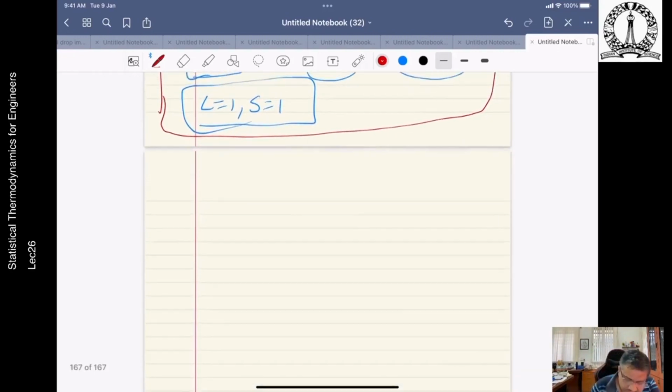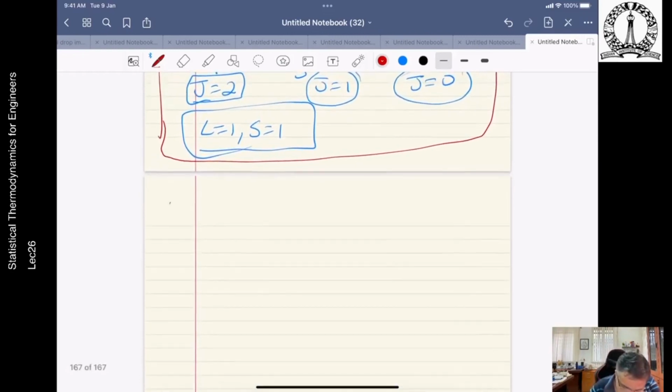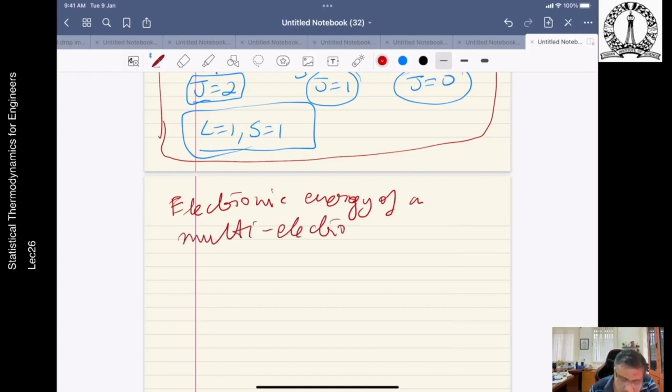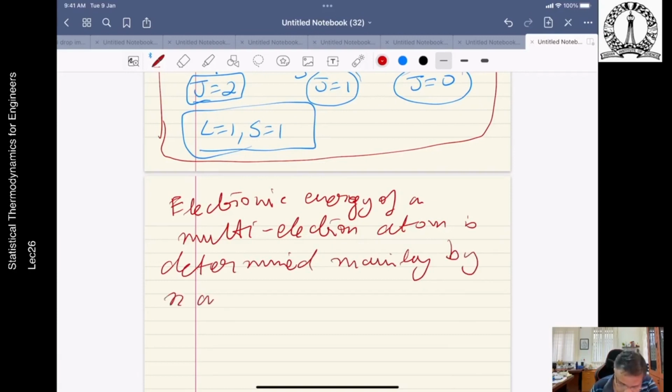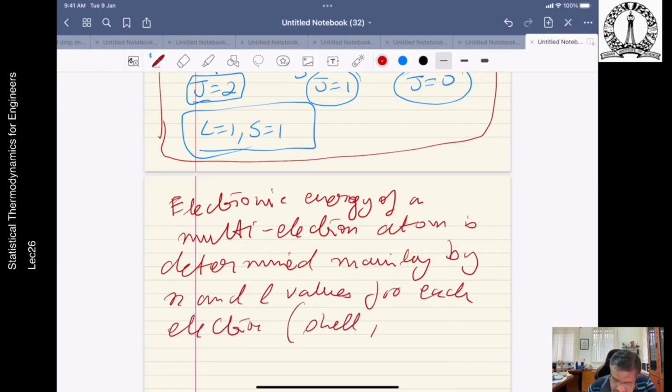The electronic energy of a multi-electron system is primarily determined. So we can say that the electronic energy of a multi-electron atom is determined mainly by N and L values for each electron, which was the shell and subshell concept that we had, that SPDF.